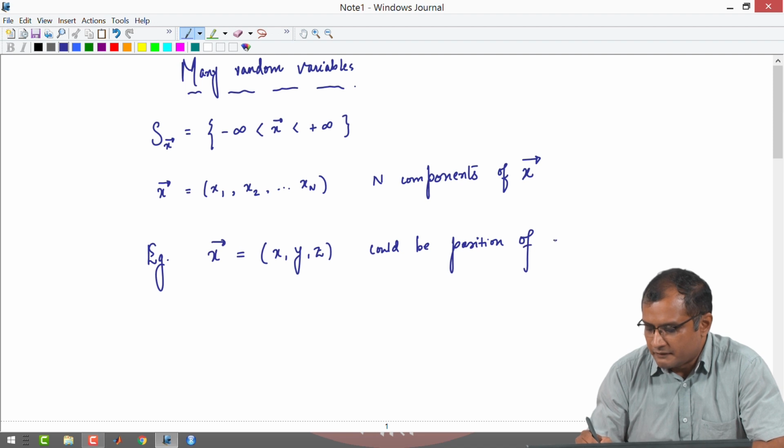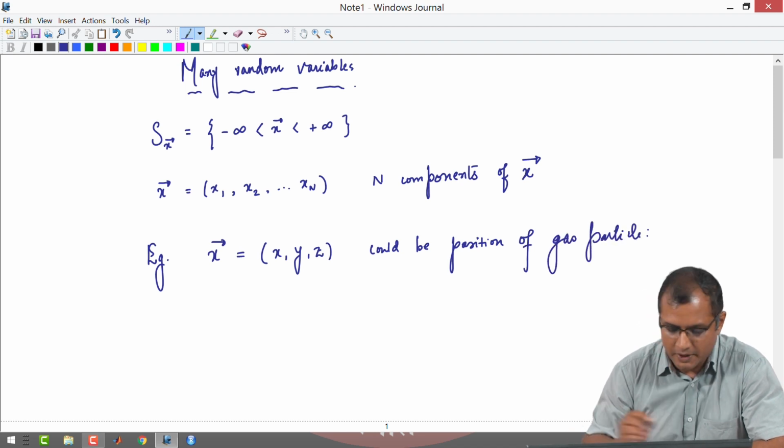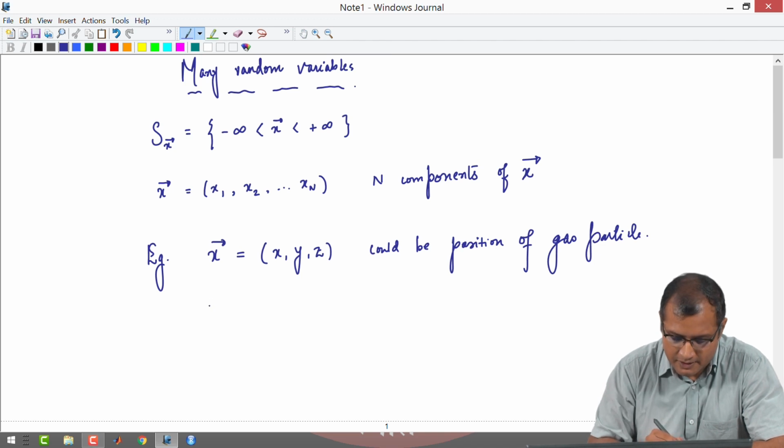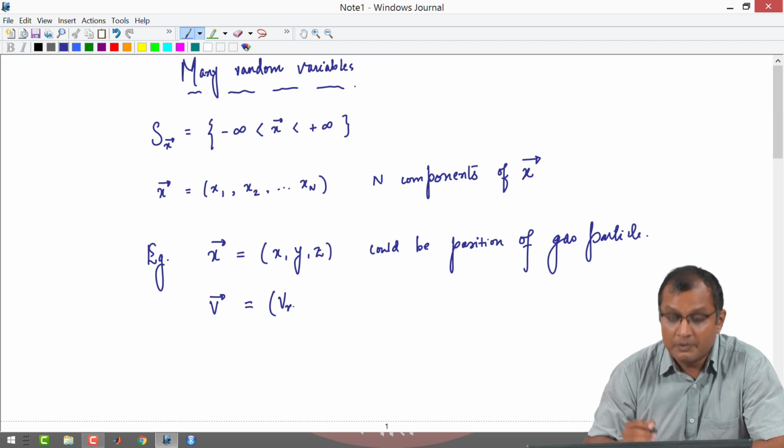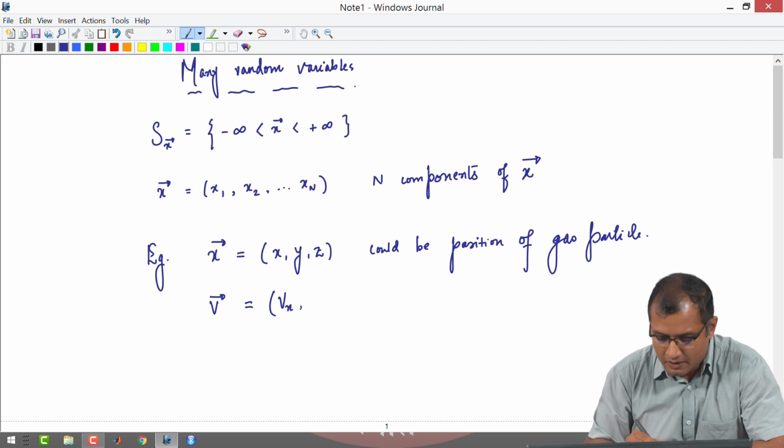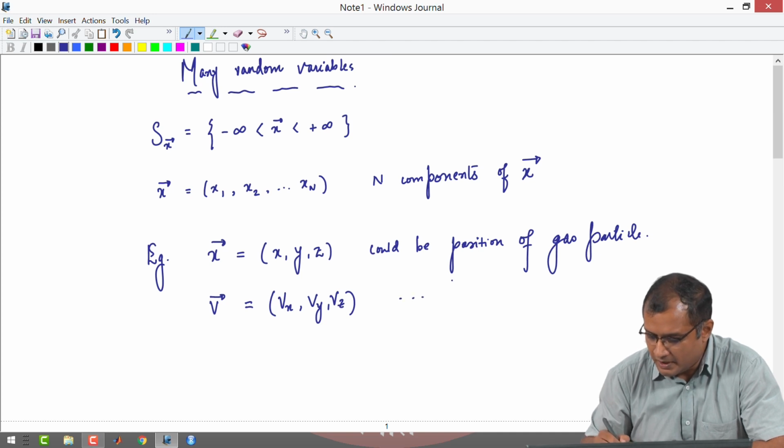Okay, you could take x as velocity. In that case, you would have three components for the velocity for the gas particles in this room.